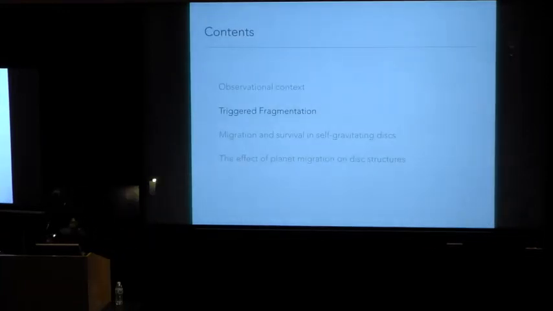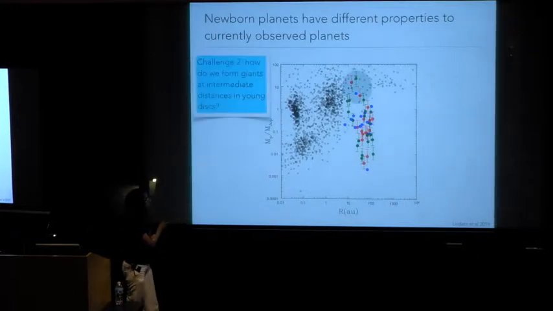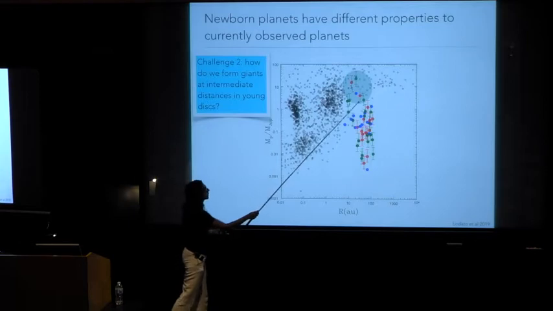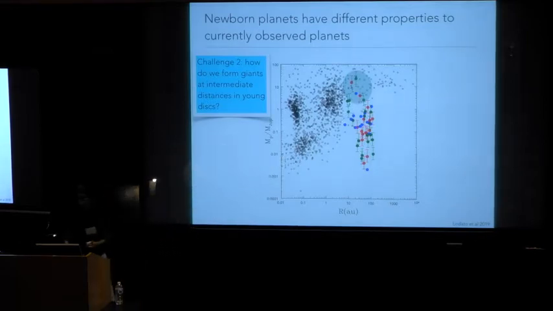So I'll move on to the next topic that I want to discuss, and this is the idea of triggered fragmentation. I'm going to come back to this plot that I showed a minute ago, and ask a different question. I'm going to highlight now these objects that are higher up, more massive objects at what I refer to as intermediate distances, kind of 30 AU-ish.